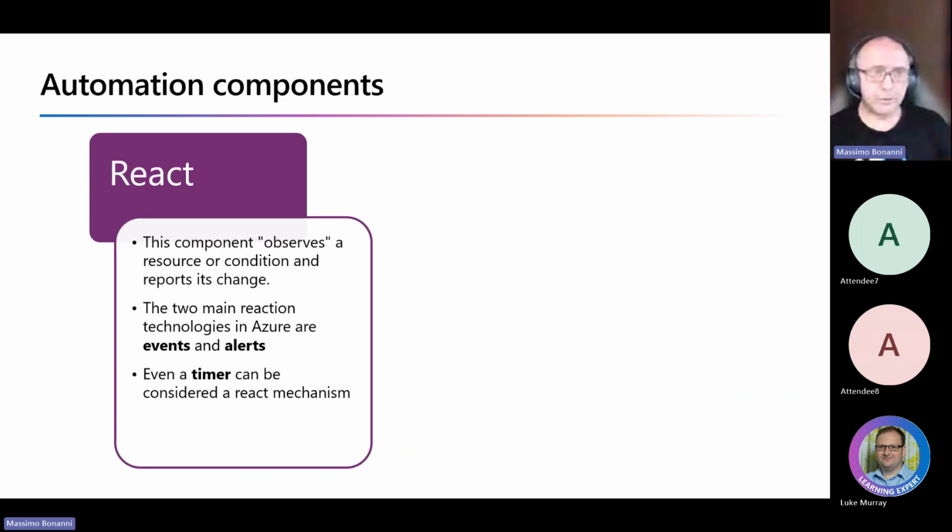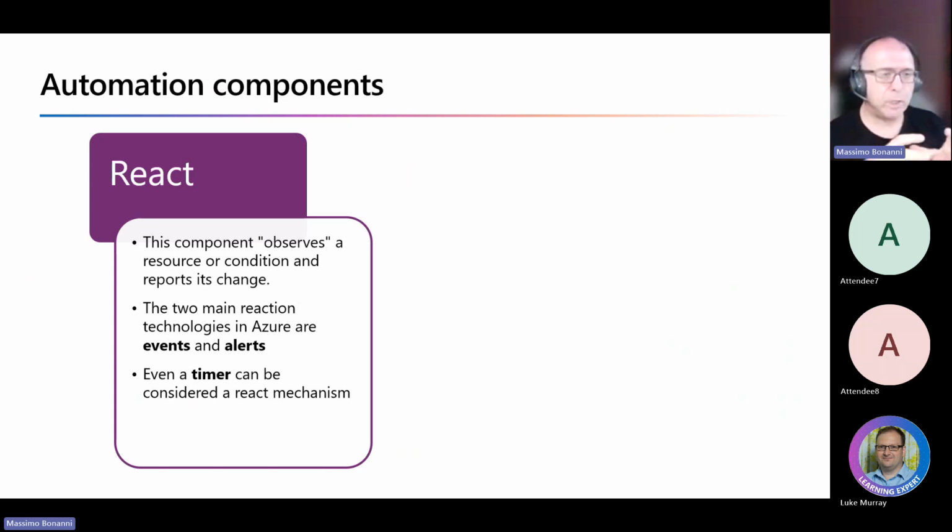If something happens in your resource and your resource writes a log in monitoring, you can react and do something. Timer is another reaction mechanism. Sometimes you need to do a task after an amount of time. For example, if you access a service using a key, you need to change the key periodically. So timer is another tool.